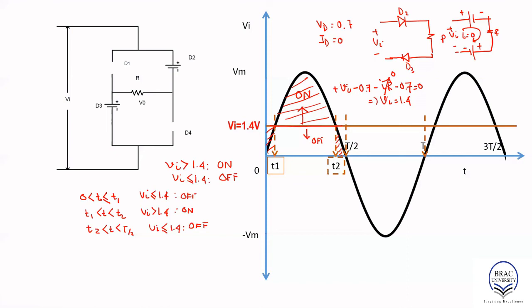So that is how we found out the range in terms of voltage when the diode is on and when the diode is off, and the range in terms of time: the time interval when the diode is off, and the interval when it is on. So that is graphically as well as mathematically. So the next step would be to determine the input output relationship when the diode is on, and when the diode is off.